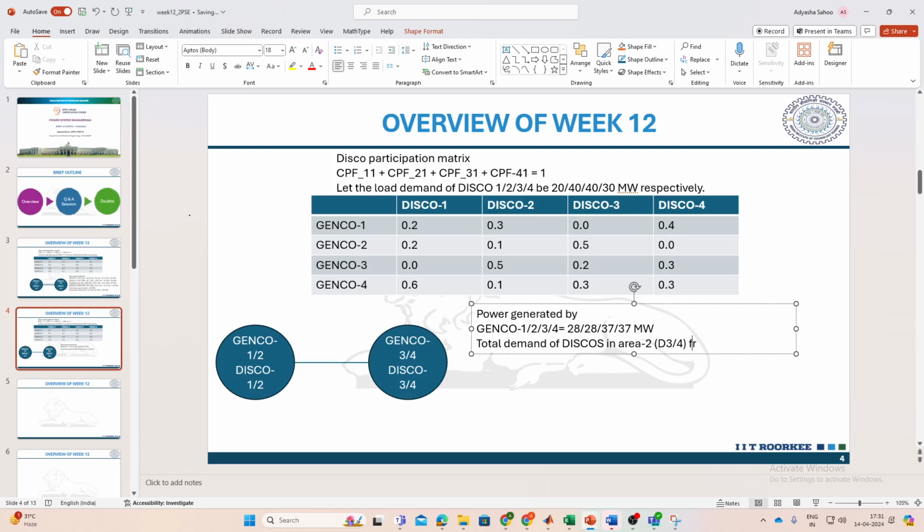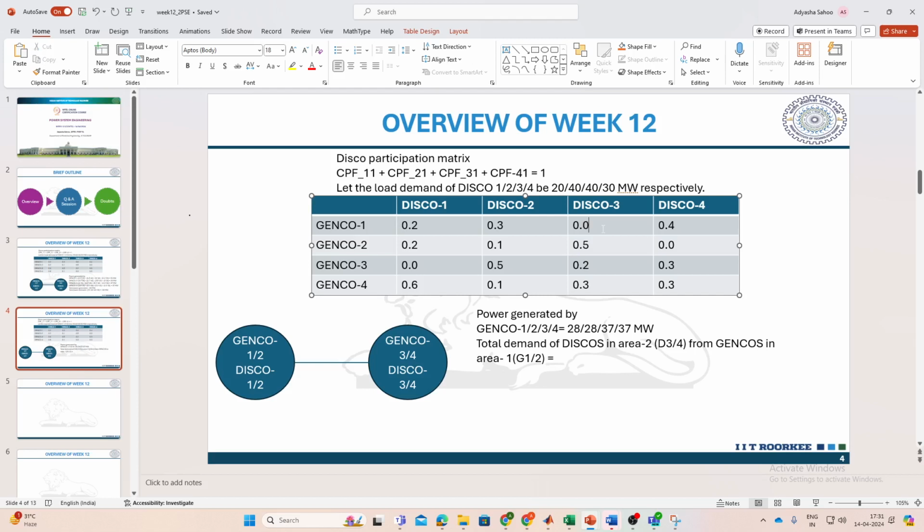Area 2 from the GENCOs in area 1. So what are the GENCOs in area 1? They are G1 and G2, right? So we have to see first for DISCO 3.